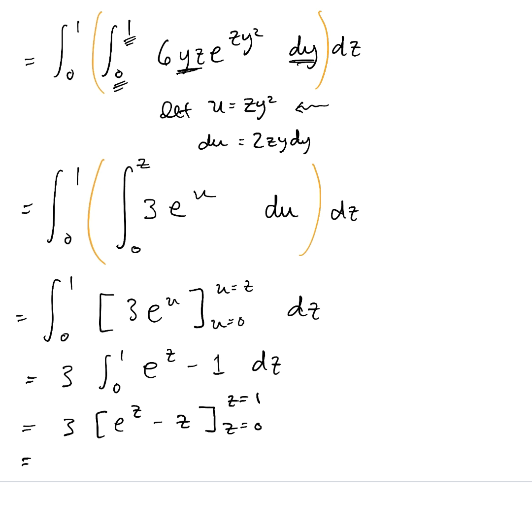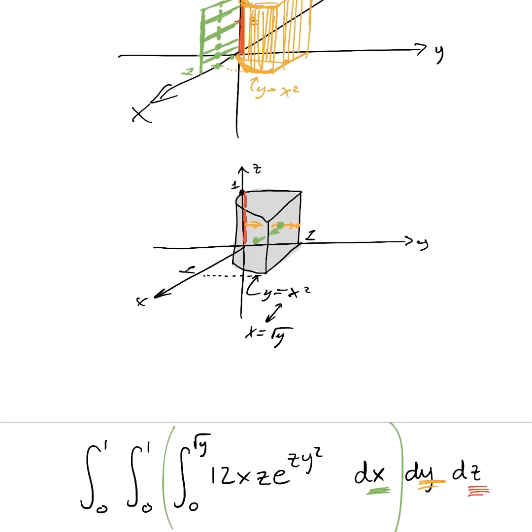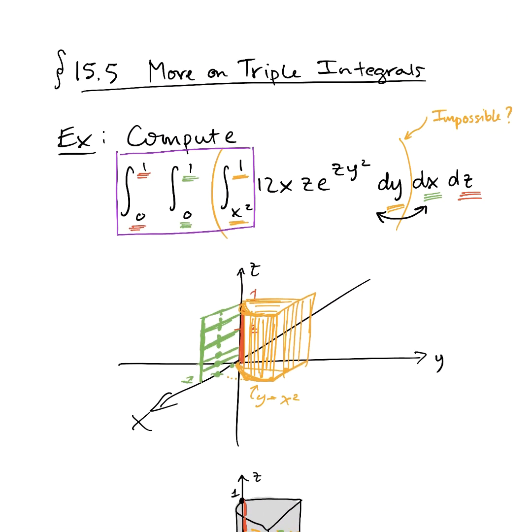So all told, 3 times, let's talk about inside the brackets. That's e to the 1 minus 1, take away e to the 0 minus 0. So all told, e minus 2. And that is the number answer to the very, very original integral, gotten by wisely switching the order of integration.